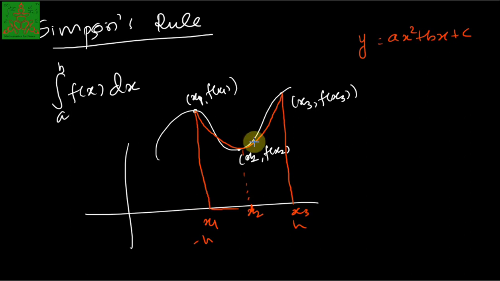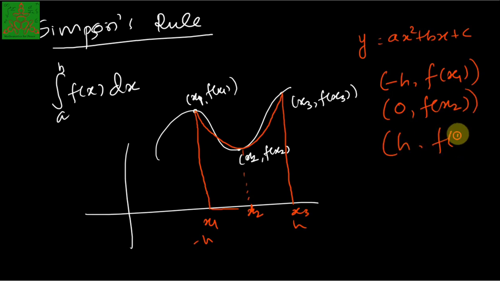Now my red curve is ax square plus bx plus c, and it passes through the 3 points minus h, f of x1; 0, f of x2; and h, f of x3.